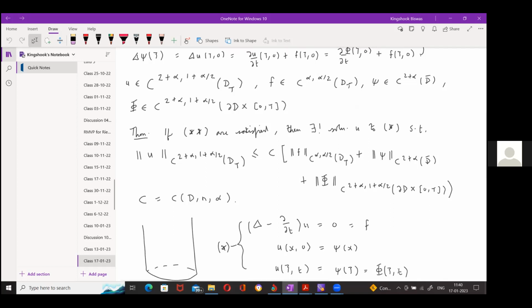So the right-hand side is less than a fixed constant. So you get that the C^(2+alpha) norms of U are for all time uniformly bounded. And from that, the argument we did last time will tell you that U converges as time tends to infinity to a harmonic function with boundary value psi of xi. And therefore, you get a solution to the Dirichlet problem. Is that okay?